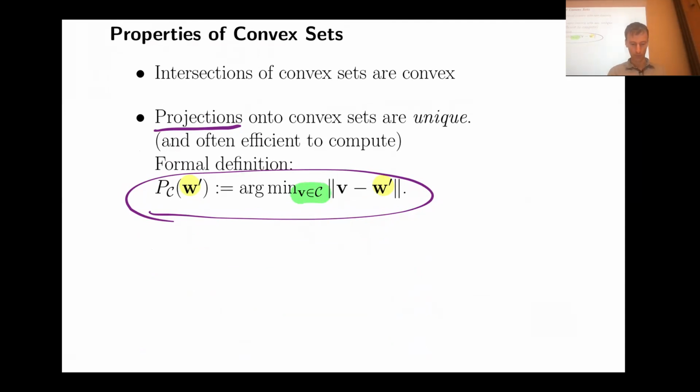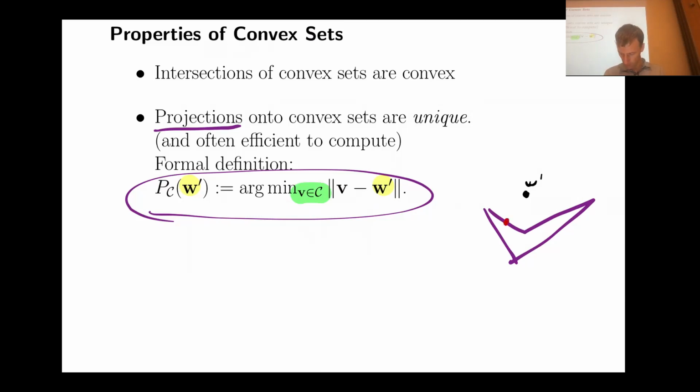You can maybe imagine an example like this. If you're currently here, you ask, what's the projection of my point onto the set? And then here you have two candidates.